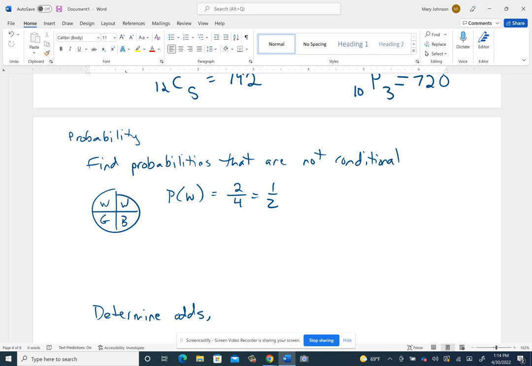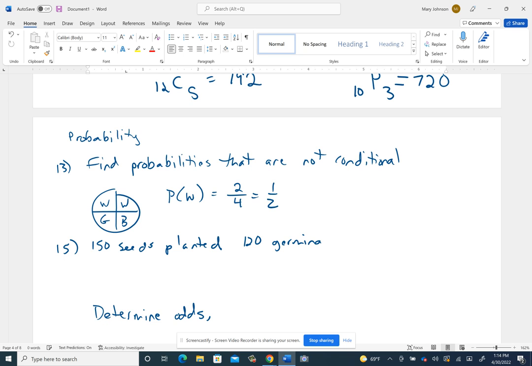Another one that would be probability that's not conditional would be question number 13 on the test, or one like question number 15. In a hybrid corn research project, 150 seeds were planted, and 120 of them germinated.